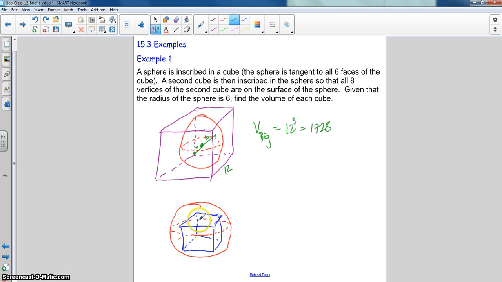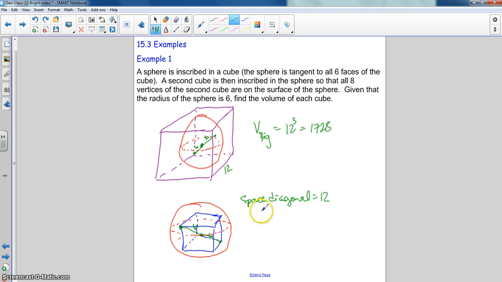From this center point, I'm going to go to a vertex on purpose, because I know each of the vertices touches the surface of the sphere. So this distance is 6, and this distance is also 6. What that's telling me is that the space diagonal in this case is 12.